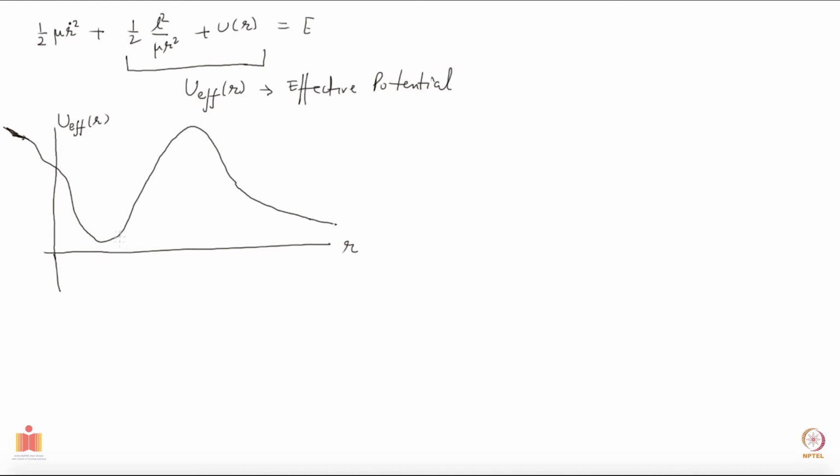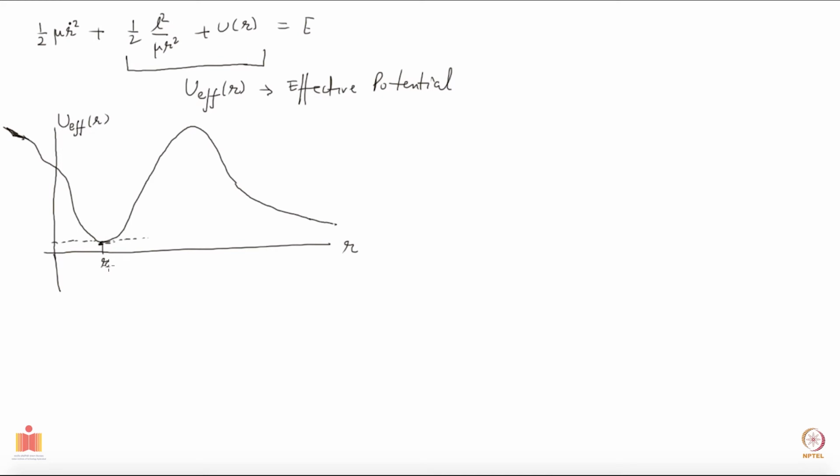One is that your system is somewhere here, meaning the energy of your system is such that your particle mu is here, in the one-dimensional picture, which would mean that the separation of this particle mu from the origin remains fixed.